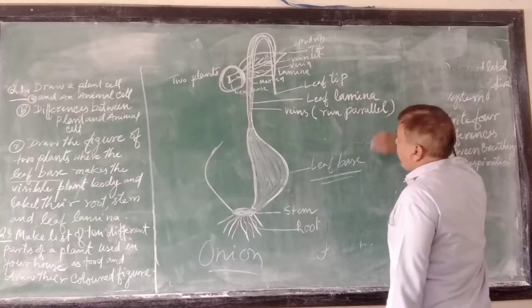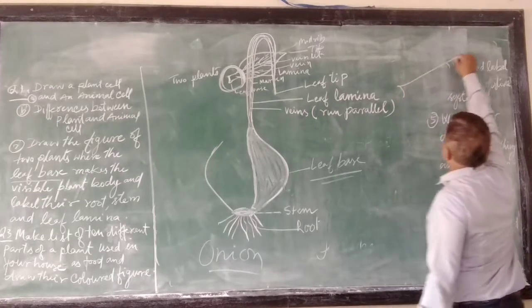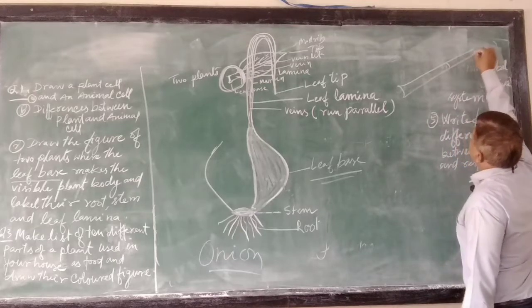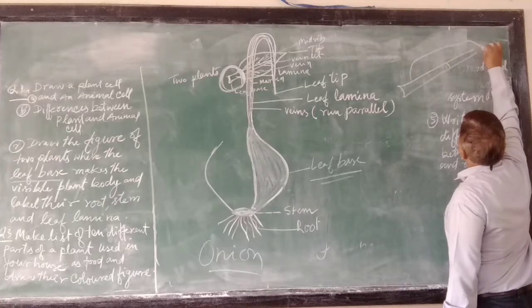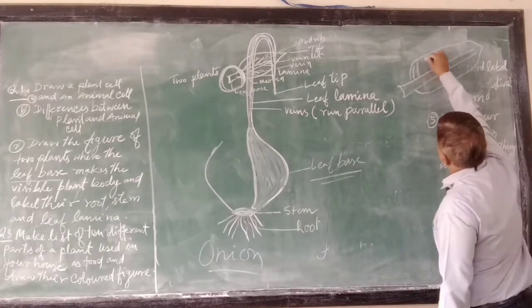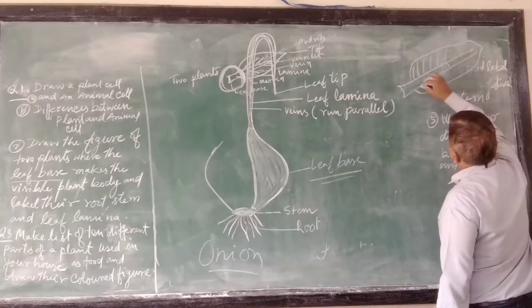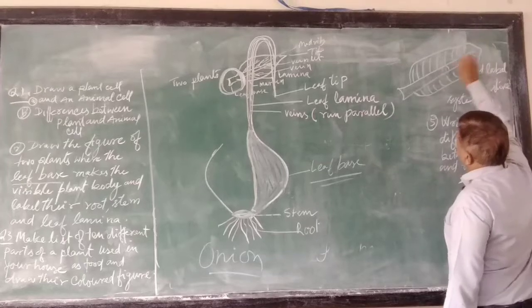I will draw the banana leaf first. You see the banana leaf is like this. Parallel venation.